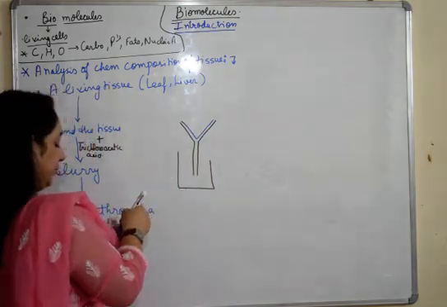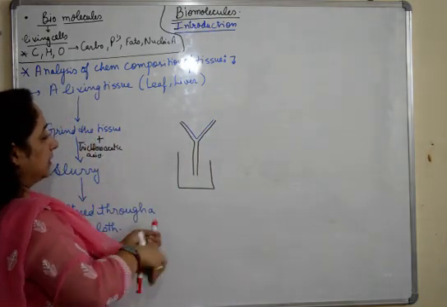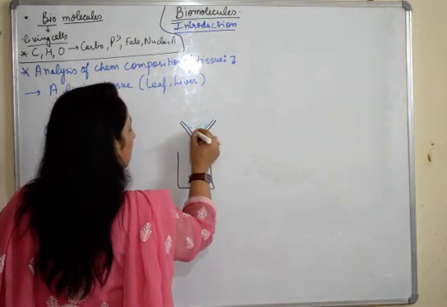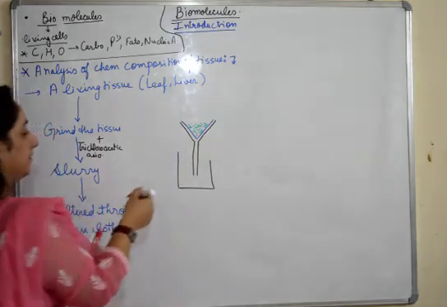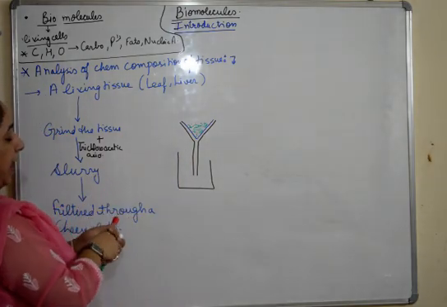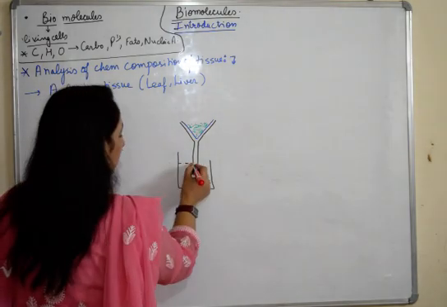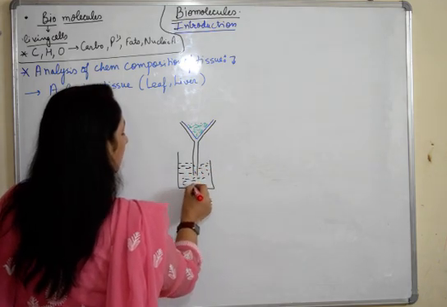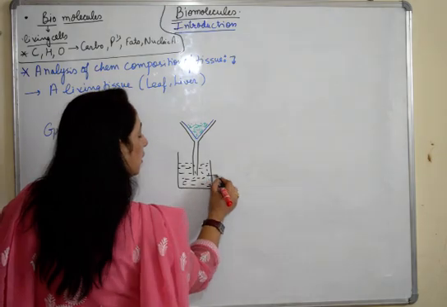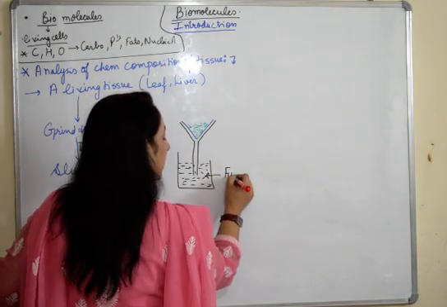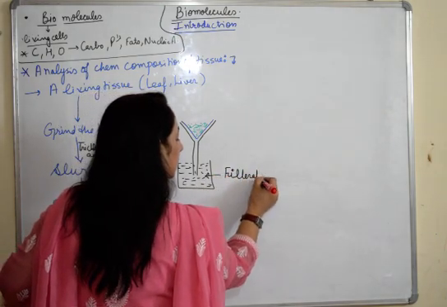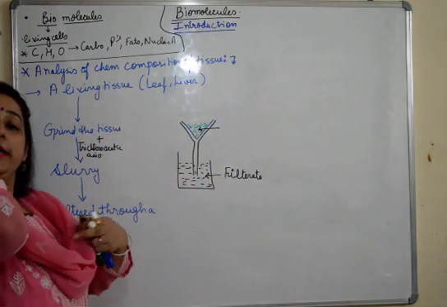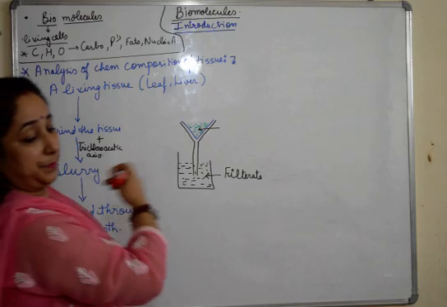What do we get? We get something here as and when the filtration takes place, and we'll also get fluid here. This portion which we received in the beaker is known as filtrate, and this portion which is left in the cheesecloth is known as retentate.